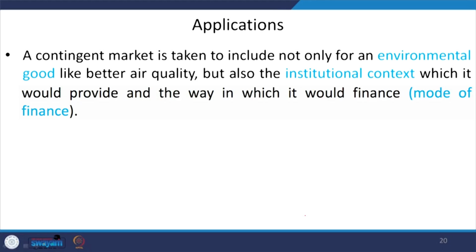As you understand, we can apply this for estimating the non-use values of nature. Here we can estimate the value of environmental goods, like better air quality or improved water quality, and we can also apply this in the context of institutional development, or the way in which we frame our institutional context or principles, such as the mode of finance for a particular environmental good or the attributes of a particular environmental good to increase.